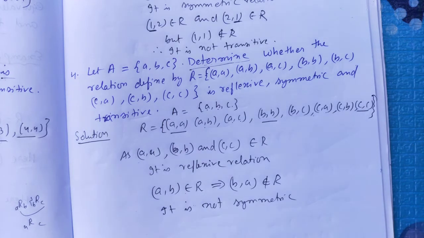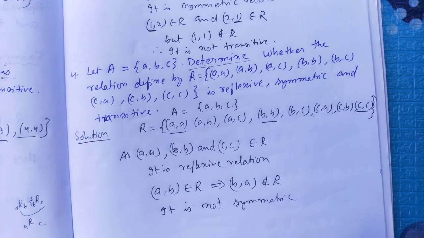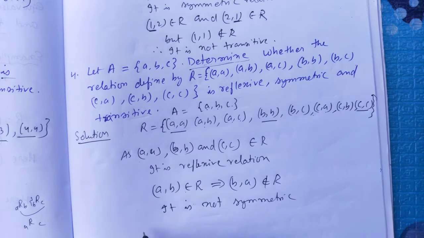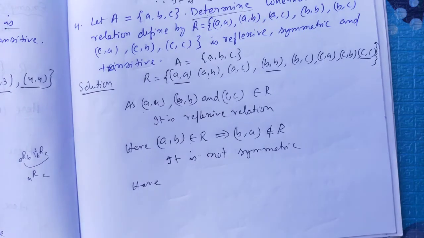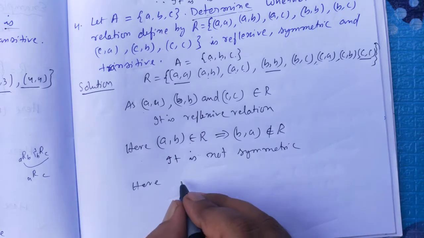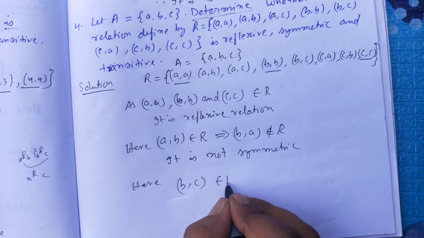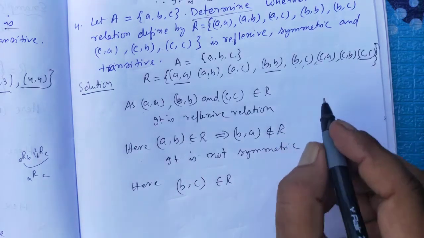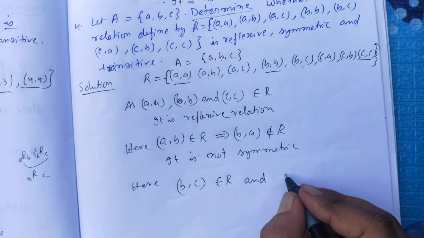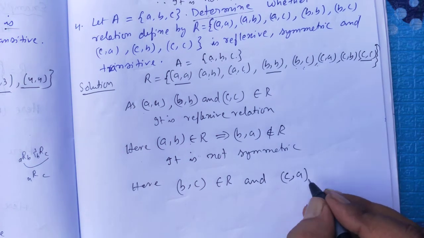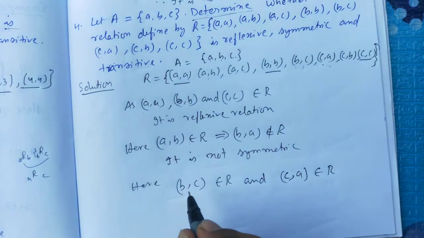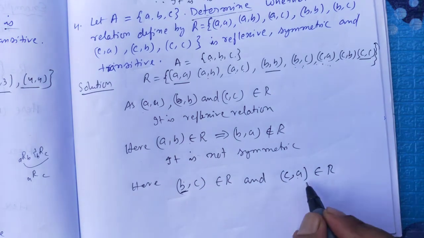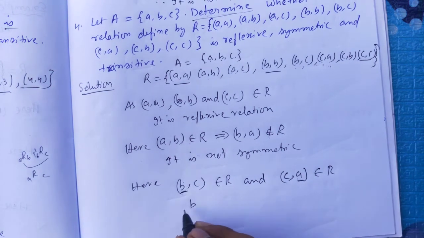Okay, let's go to the third one, transitive. We can say that (b,c) belongs to R. See, (b,c) is in R and (c,a) also belongs to R. Does it imply (b,a), the first and the last element, belongs to R?